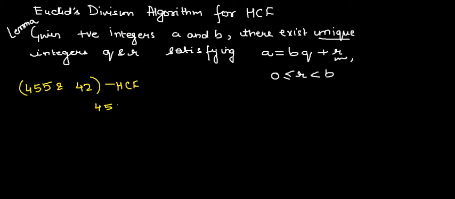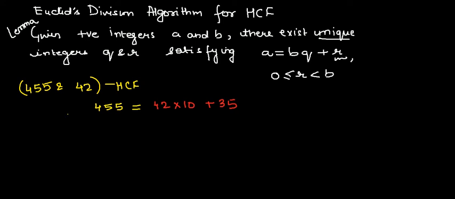While doing that, using the format given by Euclid's division lemma, I could write 455 as 42 into 10 plus 35. This is what I would get if I try to break down 455 in terms of Euclid's division lemma.